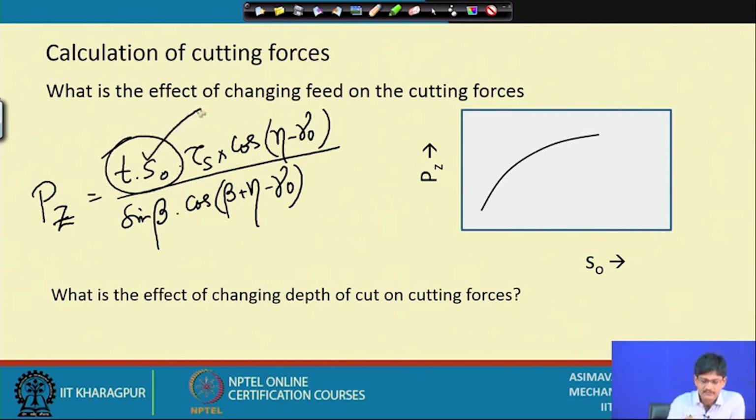Therefore, we can say yes, it is going to be directly proportional, but no. We find that the relation between P z and S O has a relation of this type.